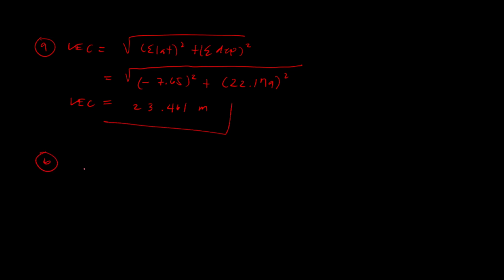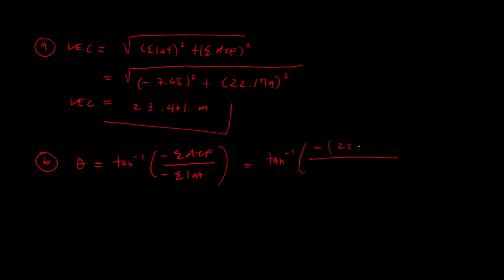And letter B, bearing of the side of error. So, tangent inverse, negative summation ng depth over negative summation ng latitude. So, dito, negative 22.179 ito yung depth natin. And then, negative yung latitude, yung summation niya is negative 7.65.